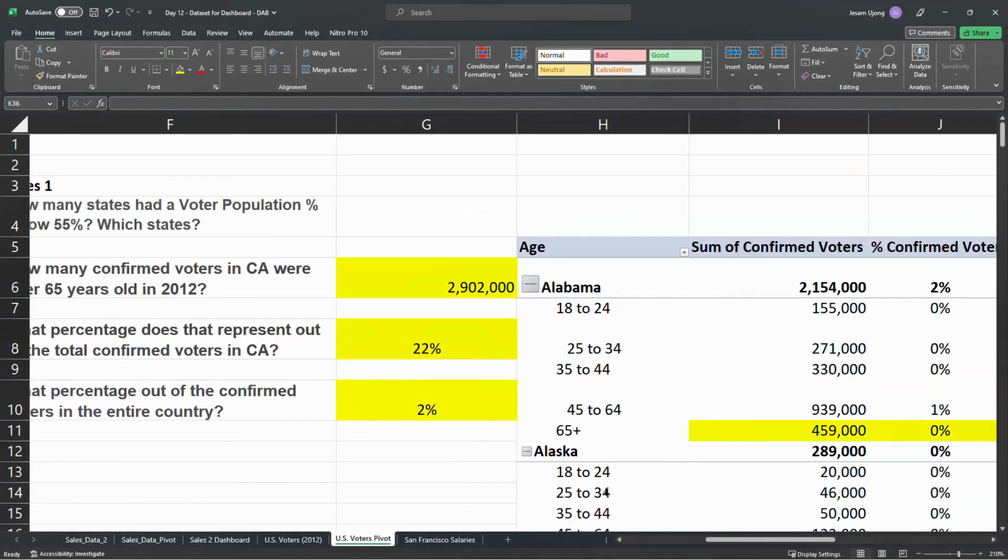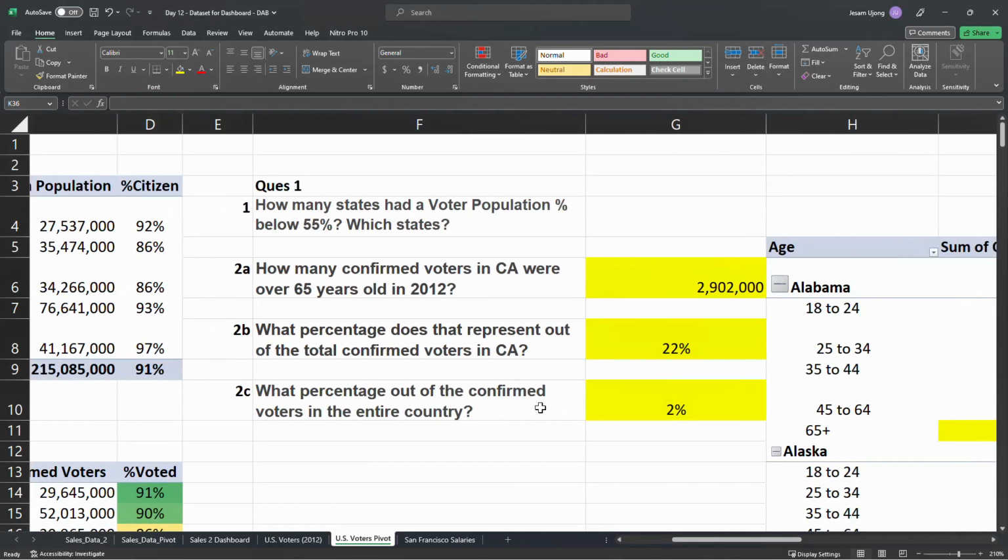So, when we understand the question, we need to understand the question clearly so that we can be able to answer it. If you don't understand the question, now, the question was what percentage out of what's the percentage? Okay, so it started with how many confirmed voters in CA were above 65 years, right? And we did that. What percentage does that represent? We did that. Then what percentage out of the confirmed voters in the entire country?